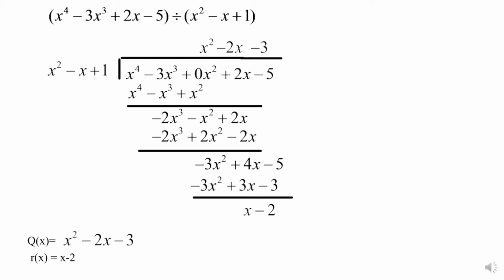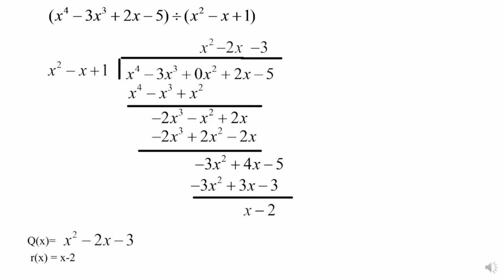What times x squared gives you negative 3x squared? The answer is negative 3. You multiply negative 3 times the x squared minus x plus 1. This gives you negative 3x squared plus 3x minus 3.